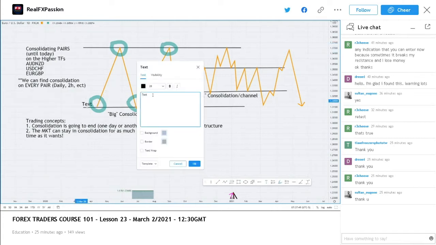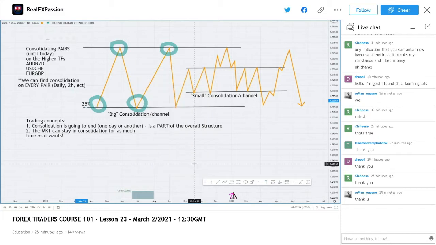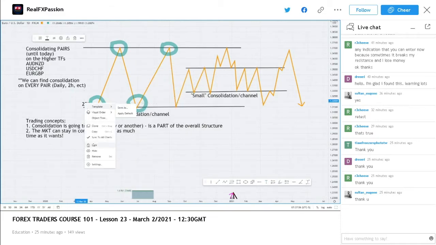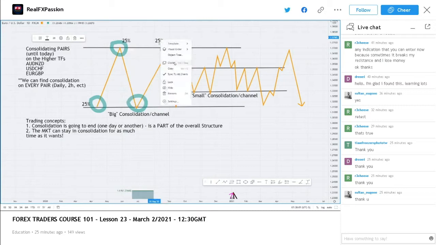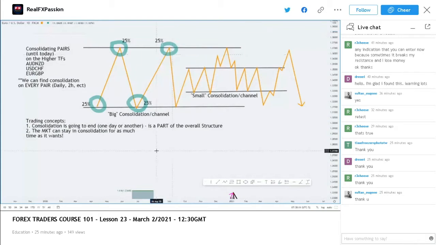Beginner traders, we learned in the previous lessons how to confirm an uptrend and how to confirm a downtrend, right? Remember, we have 25%, 25%, 25%, and 25%, and finally, we have a 100% confirmation for the trend. So here is the same logic.